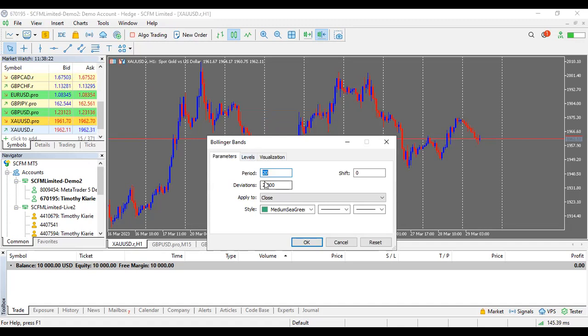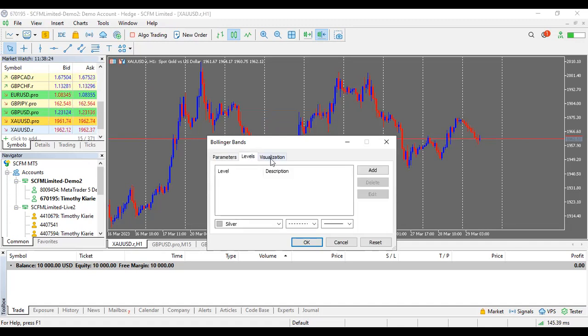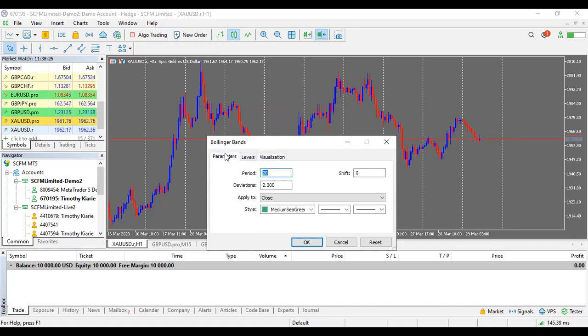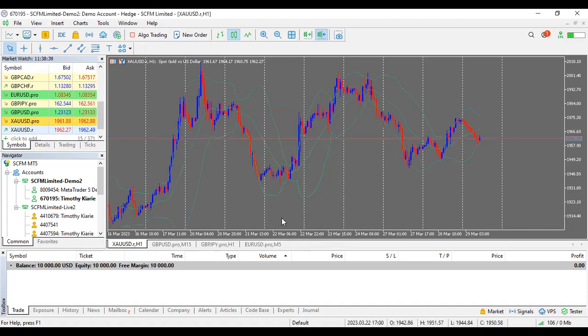With the Bollinger Bands, we have 3 bands. Basically, we apply the close option. And now we click OK. Once you click OK, the Bollinger Bands appear on the chart, as you can see. You can change the color if you want.